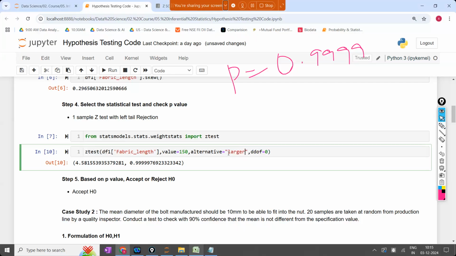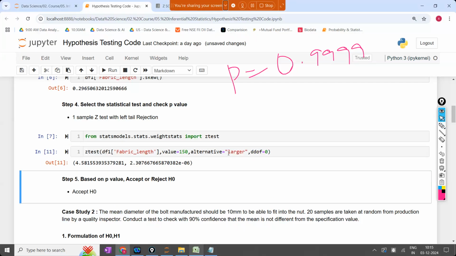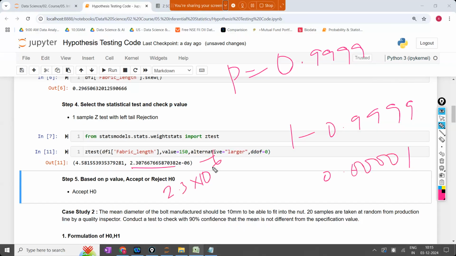When I apply the right tail test, what p-value does it select? 1 minus p, so it automatically applies 1 minus p. Can you see? That is 1 minus 0.99999, which is 0.00001. Here 2.3 into 10 to the power of minus 6 means 0.0000023. Is the point clear?